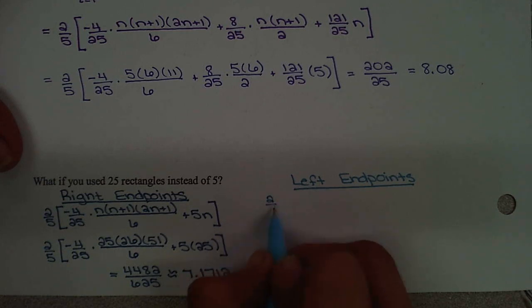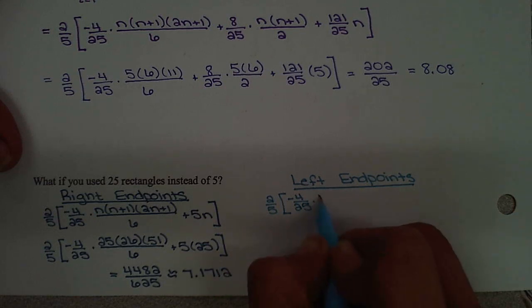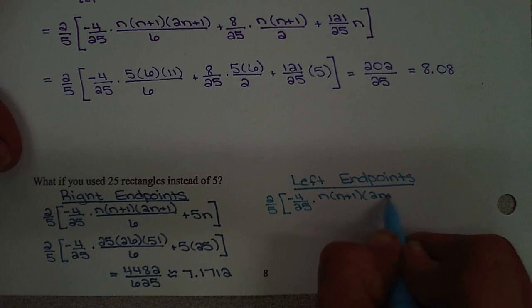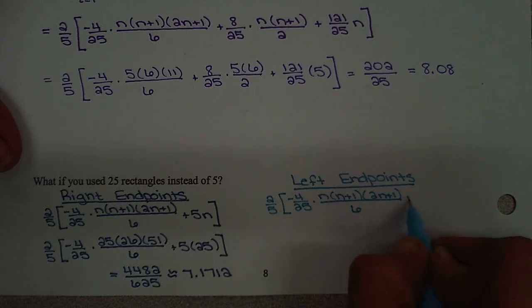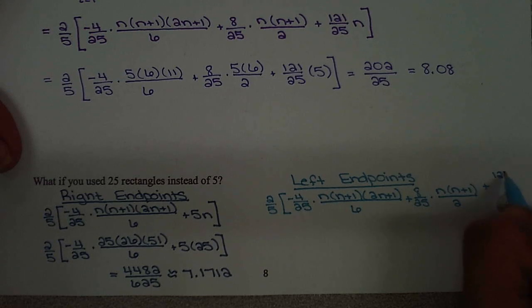So it's 2/5 times negative 4 over 25 times n plus 1 times 2n plus 1 all over 6 plus 8 over 25 times n times n plus 1 all over 2 plus 121 over 25 times n.